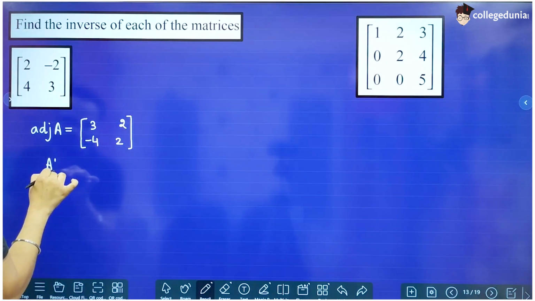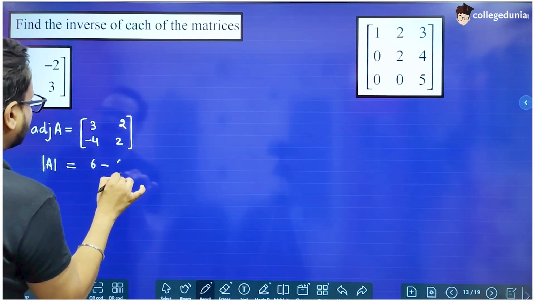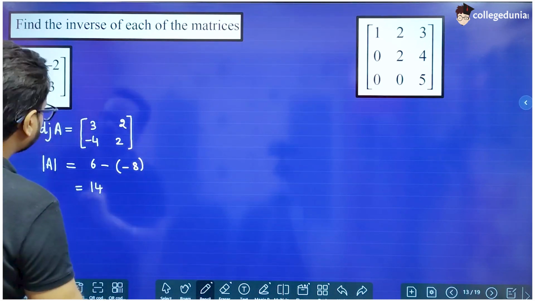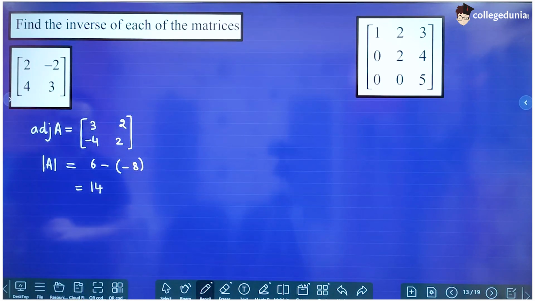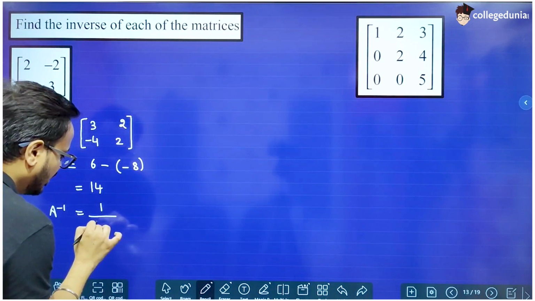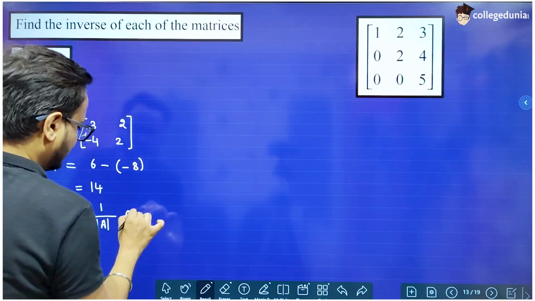And determinant value of A is 6 minus 8, that is minus 2. So inverse is 1 upon determinant A into adjoint A.